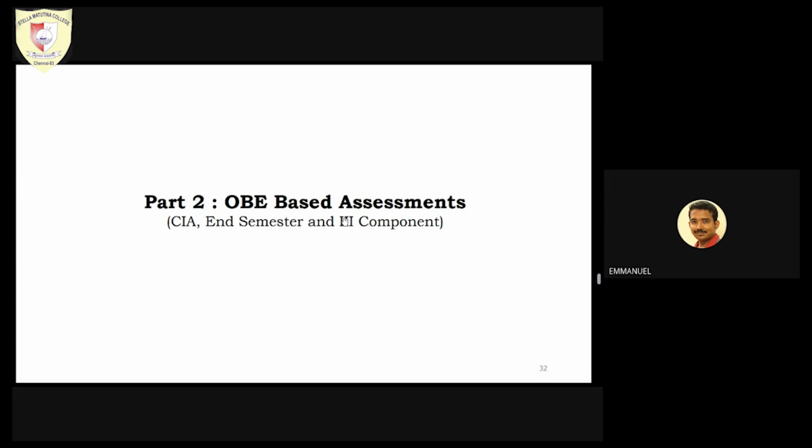Actually, this third component is nothing but a part of internal evaluation. Let me explain when I go to the next slides. And at the end of the semester we conduct one examination, and through this process we see how much performance a particular student has done under K1 level, K2, K3, etc., up to K6 level. After doing this, the last part, calculation, will become simpler.